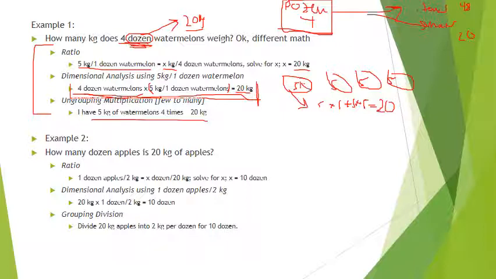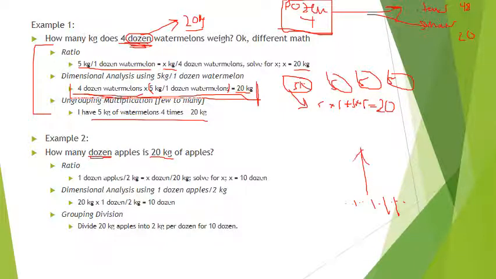How many dozen apples are in 20 kilograms? Okay, all right, so here, with dozen, you want to group. A dozen is a group, and so you're going to take the 20 kilograms and group them. So you're taking 20 things and dividing them up into groups to get dozens.